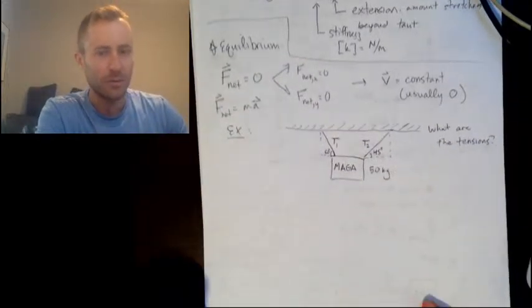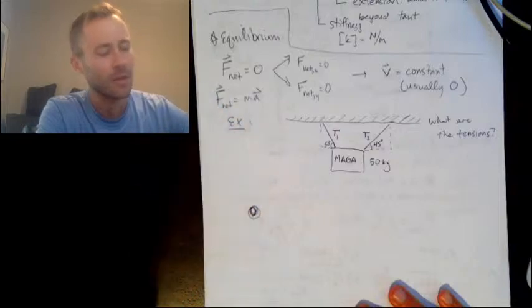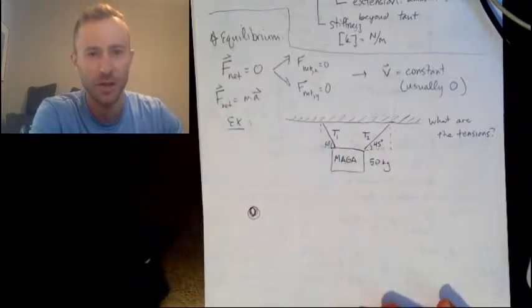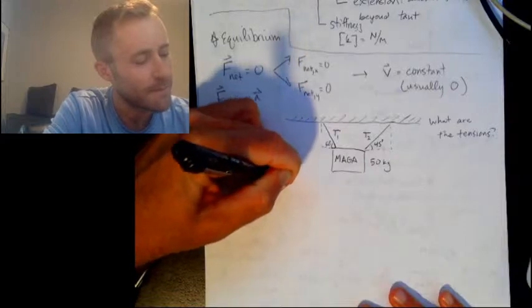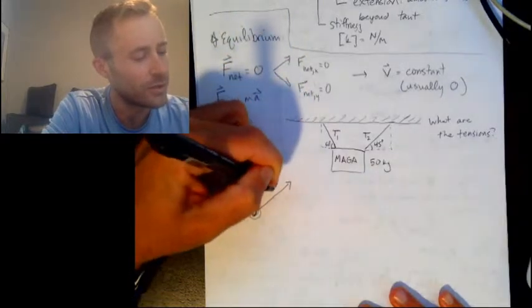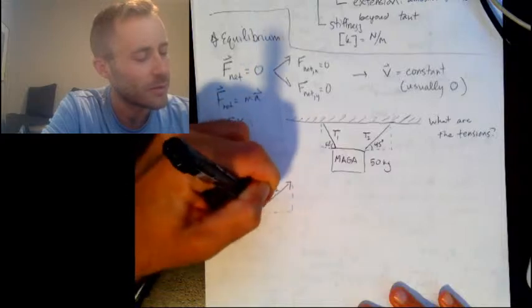So what I'm going to do is I'm going to draw what's called a free body diagram. I'm going to represent the mega sign as a dot, and I'm going to draw the forces that are acting on it. So there's force T2 at an angle of 45 degrees.